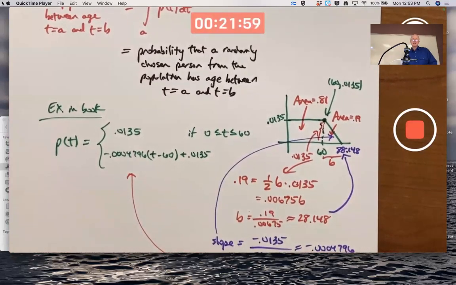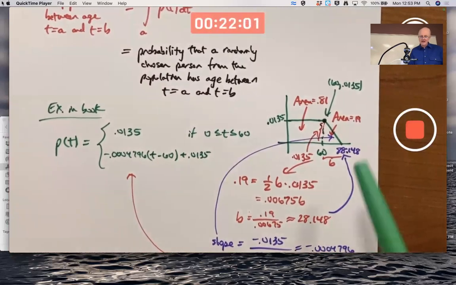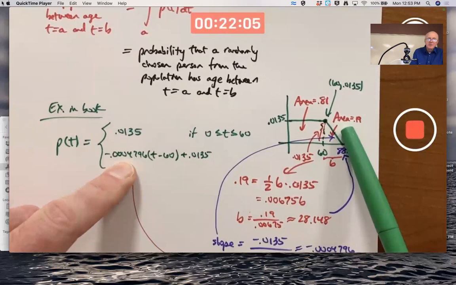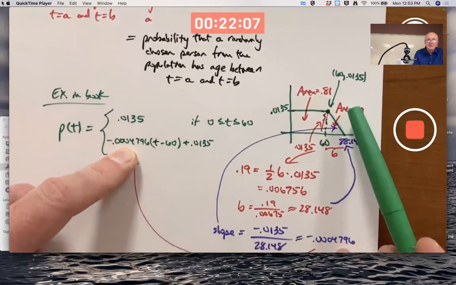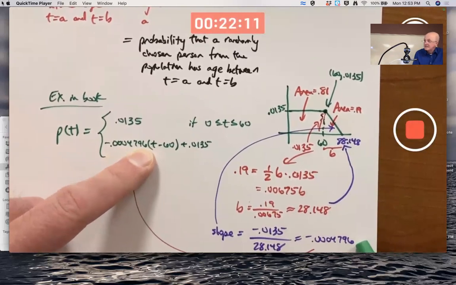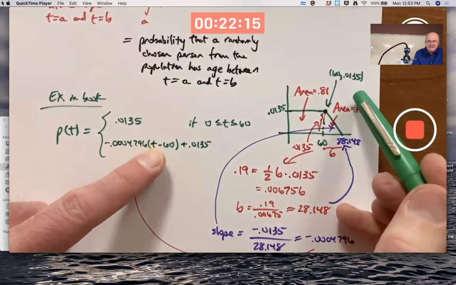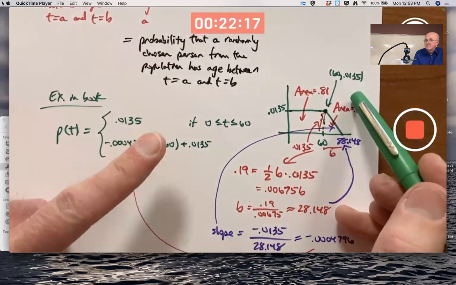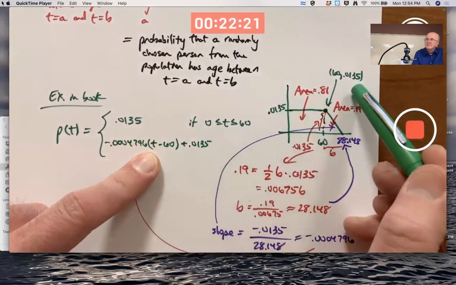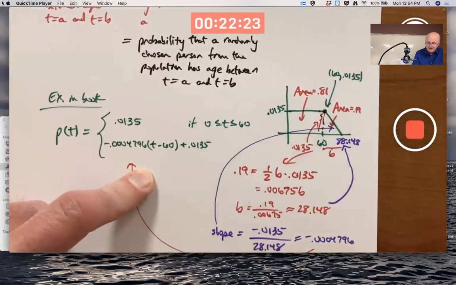That is the unsimplified formula for that line because it's got the right slope, negative 0.0004796, coming from here. It's times t. So that is the slope. And it goes to the right point. When t is 60, that becomes 0, and you get 0 plus 0.0135. That's got to be the right one.